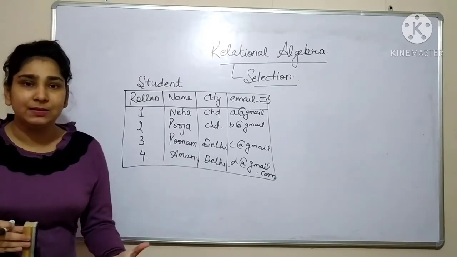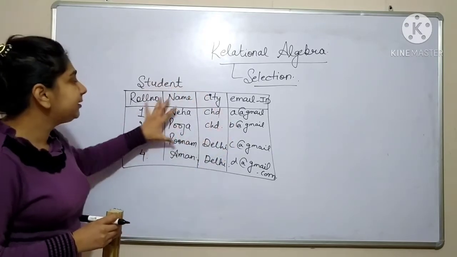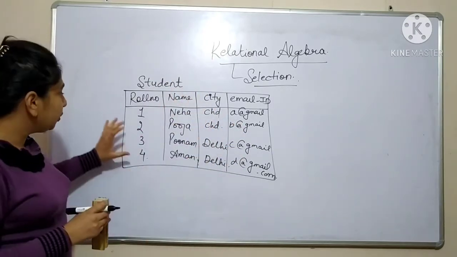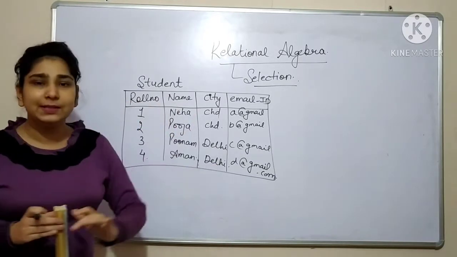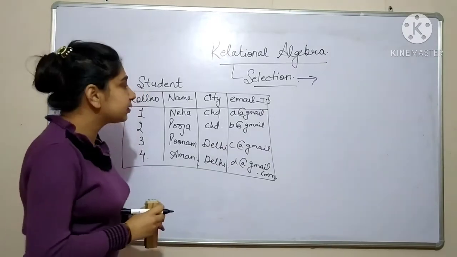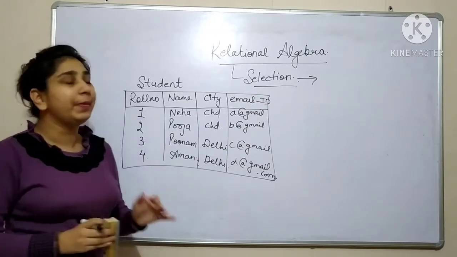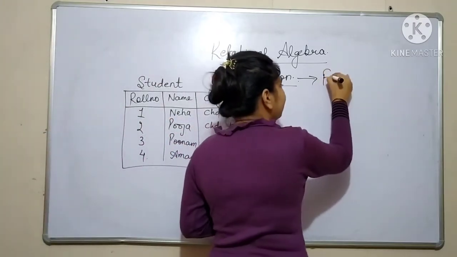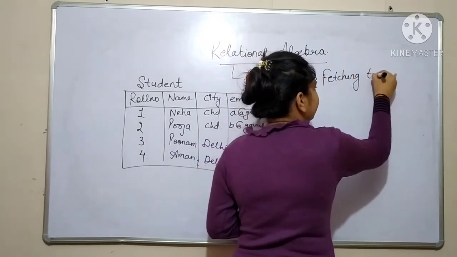Selection means you want to fetch some of the tuples, some of the records, of this relation. So the selection operation is basically used for fetching the tuples of the relation.